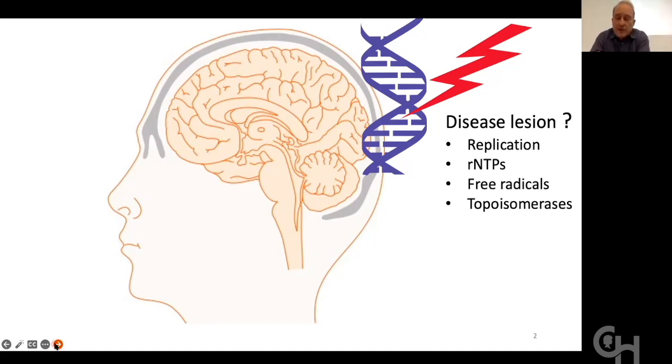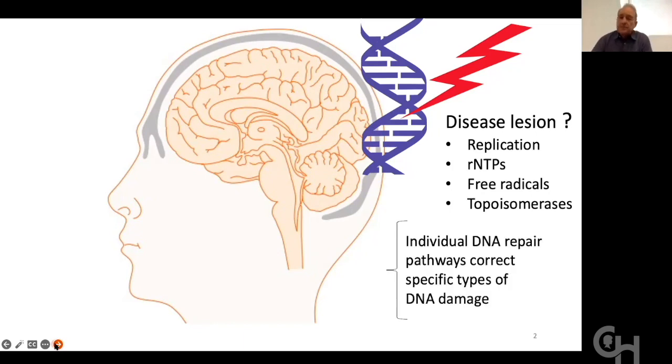And these thousands of errors and breaks and problems that happen every day are never seen as a problem because the cells have dedicated DNA repair pathways to correct these types of damage.